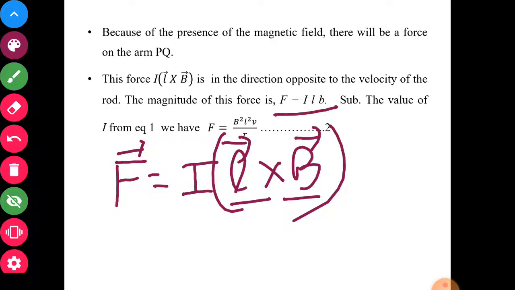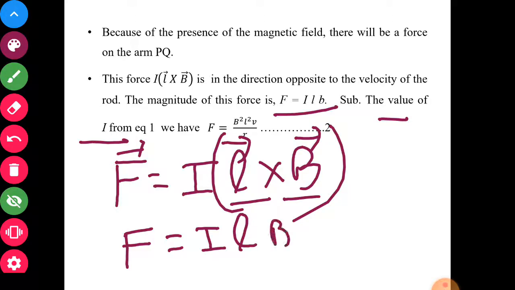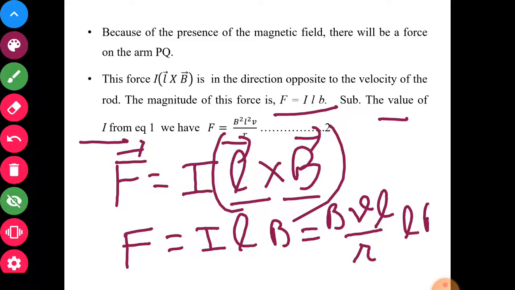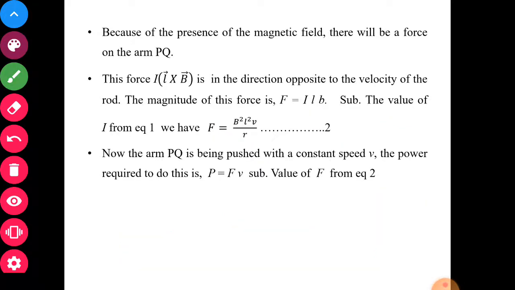If you substitute the value of I from equation 1, instead of I we can write BVL upon R, into L into B. So it becomes B square L square V upon R, which is shown here in equation number 2.